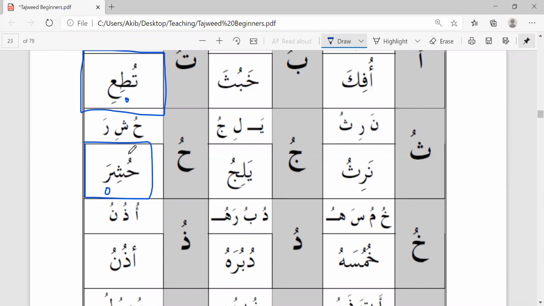So instead of hu and she, you might find people saying ho and she, and that's incorrect. There are numerous reasons why it becomes like that. One is they might be reading too quickly and not recognizing it. Or number two, more commonly, they have difficulty reading the letter correctly, and because of that the dhamma itself will come out incorrect. They might read the letter correctly, but the dhamma will come out incorrect. So these are two common mistakes to avoid when you practice, inshallah.